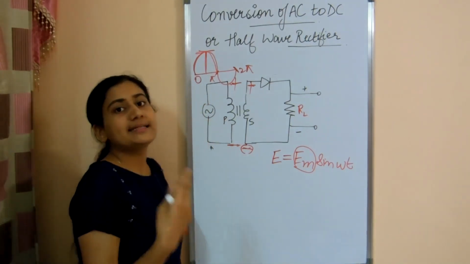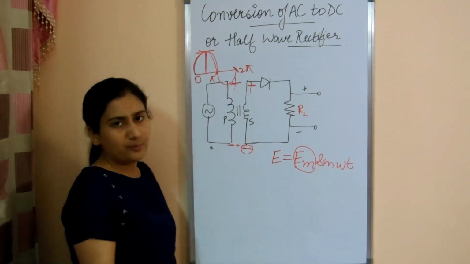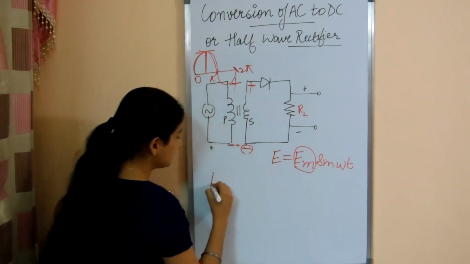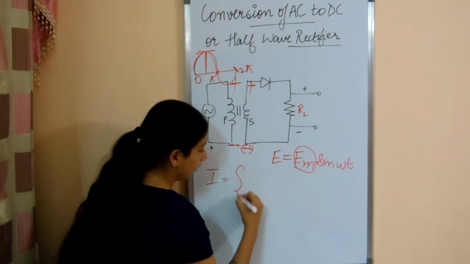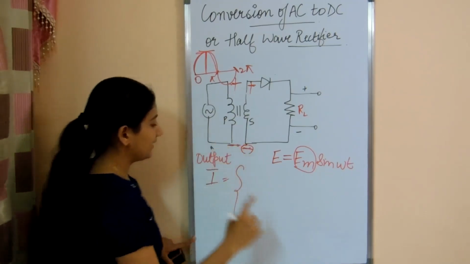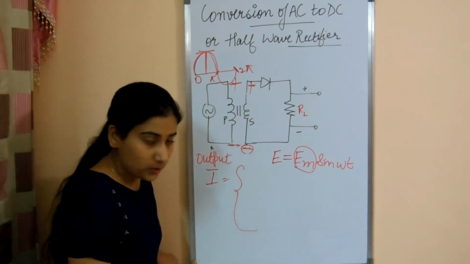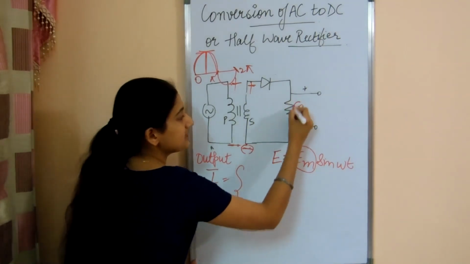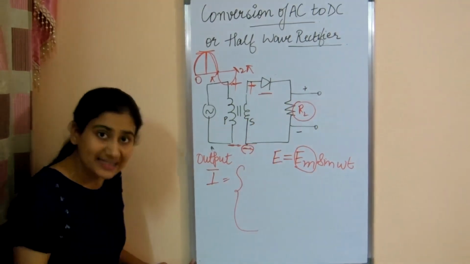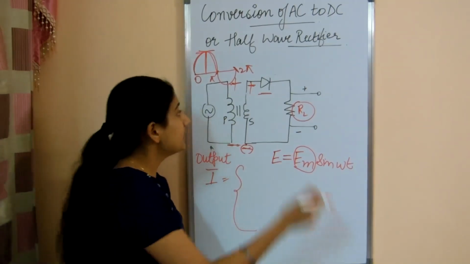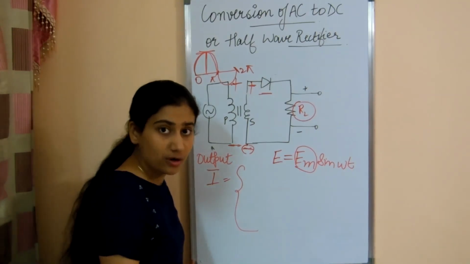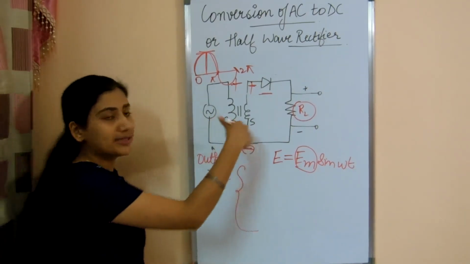Now what we are getting at the output. For output let us consider current. I am talking about output here. Now we know that this is resistance RL and this is a diode, and practically we have talked earlier that the diode has its own resistance. Internal resistance is always there. That is why this is not an ideal diode.